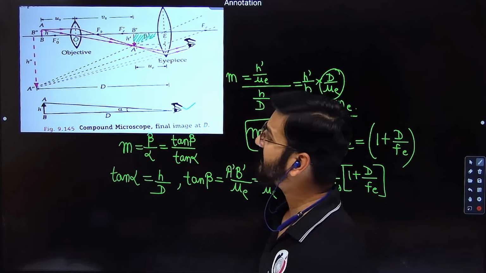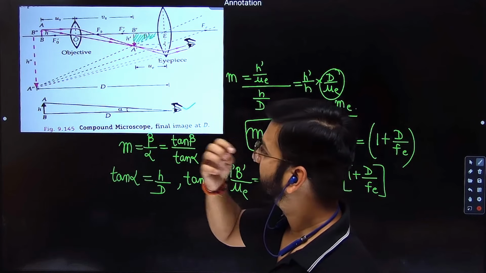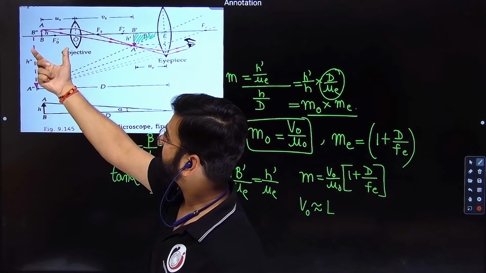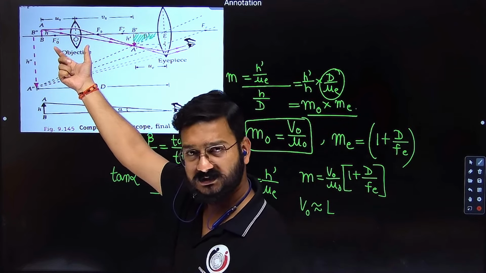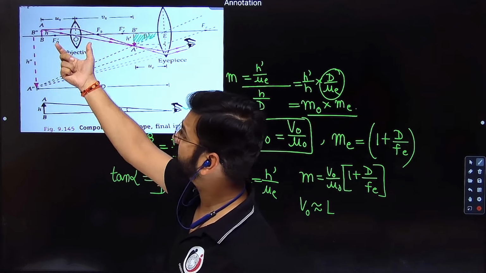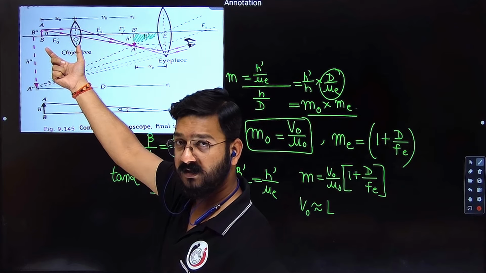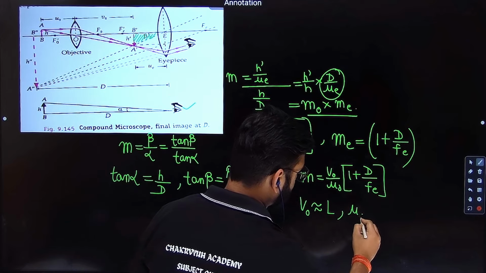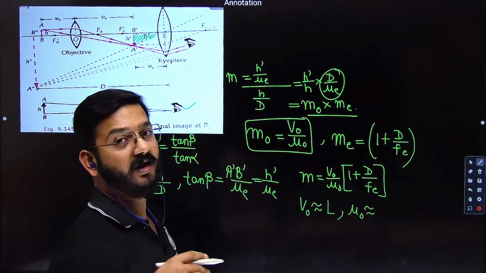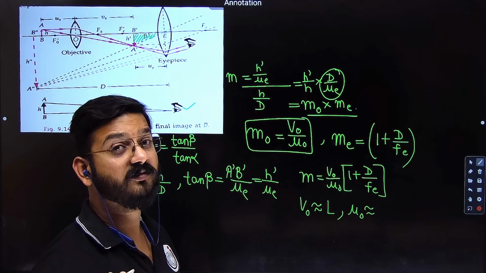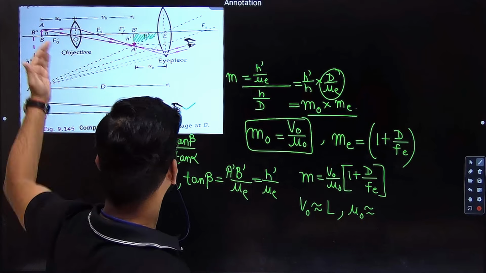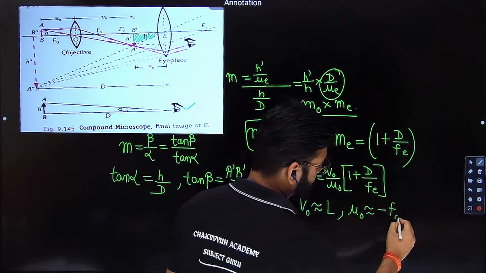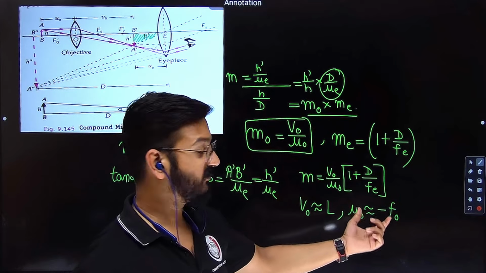And second, if this object distance for the objective is almost equal to the focal length of the objective, we can say that U naught will be equal to focal length of the objective, but it will be what? Plus sign or minus sign? Minus, because it is on the left side. So minus F naught. So by taking these two approximations, we can modify this further.